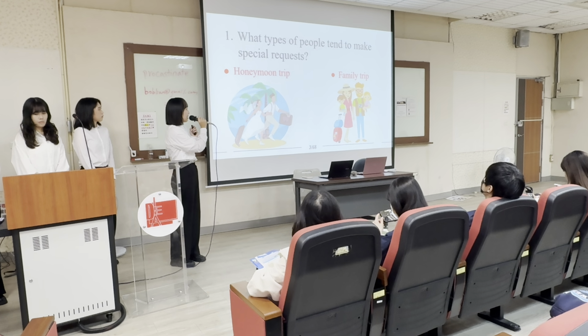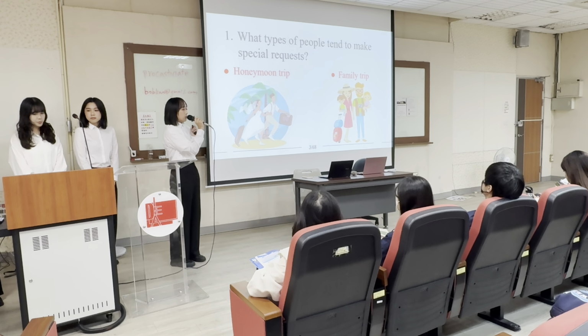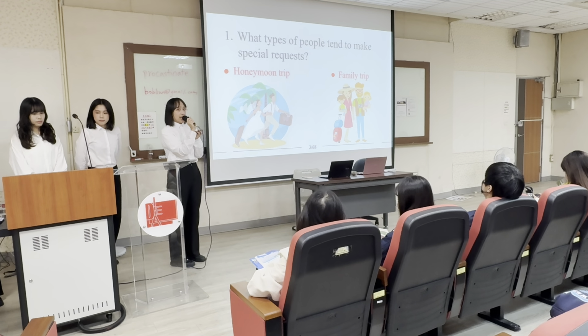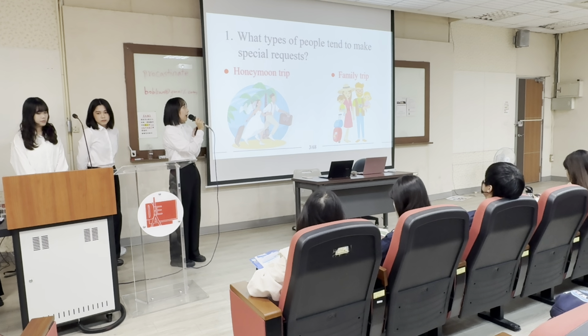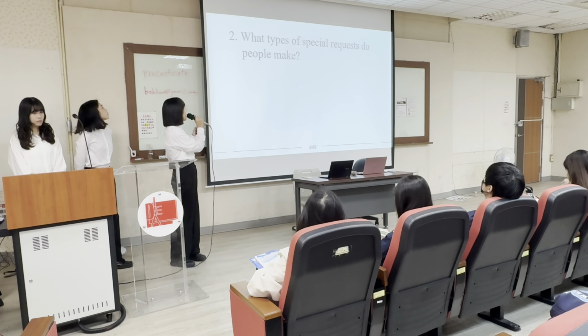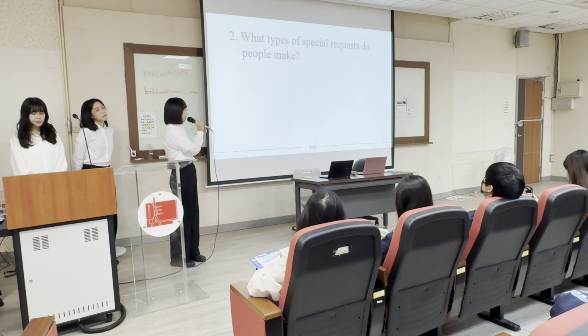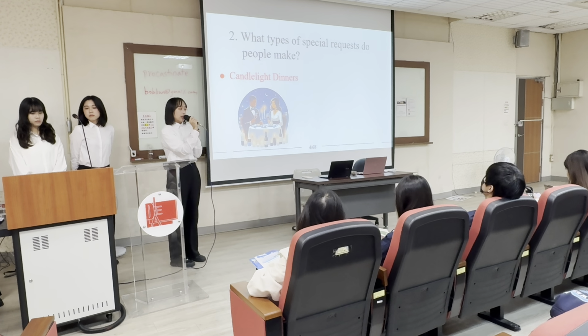The second answer is family trip. They prioritize child-friendly environments and activities to ensure a smooth and enjoyable trip for their kids. And the second question is, what types of spatial requests do people make? My first answer is candlelight dinners.